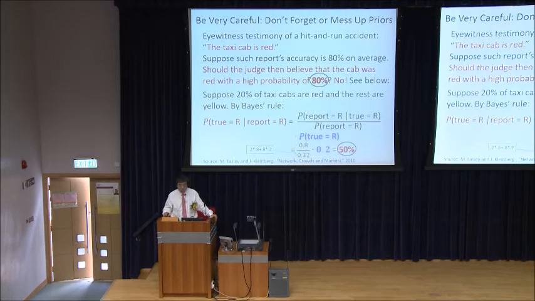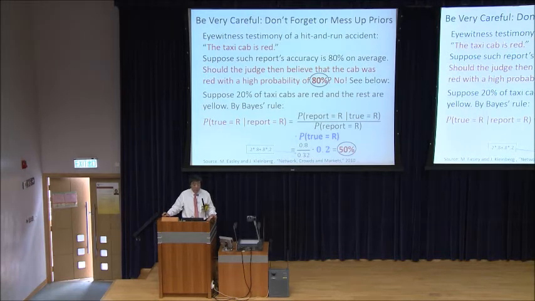This could be useful. For example, suppose there's an accident. An eyewitness says there was a hit and run accident, and the taxi cab which made it was red. Suppose such a report has an accuracy of 80% on average.